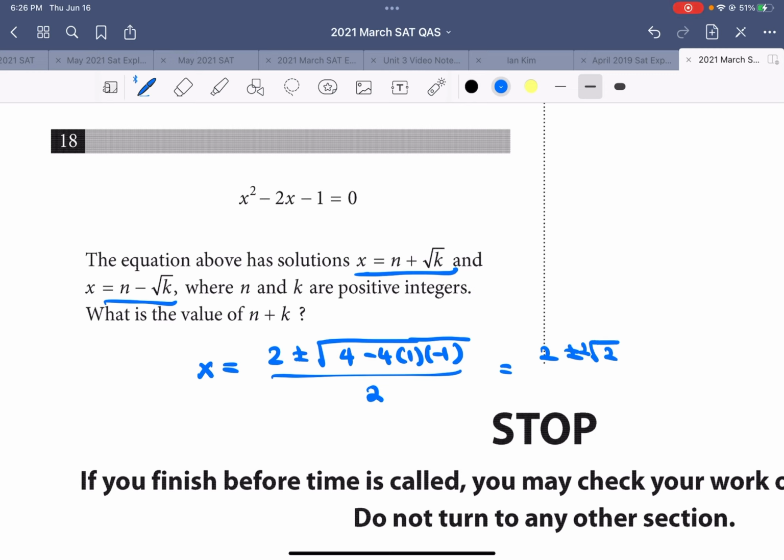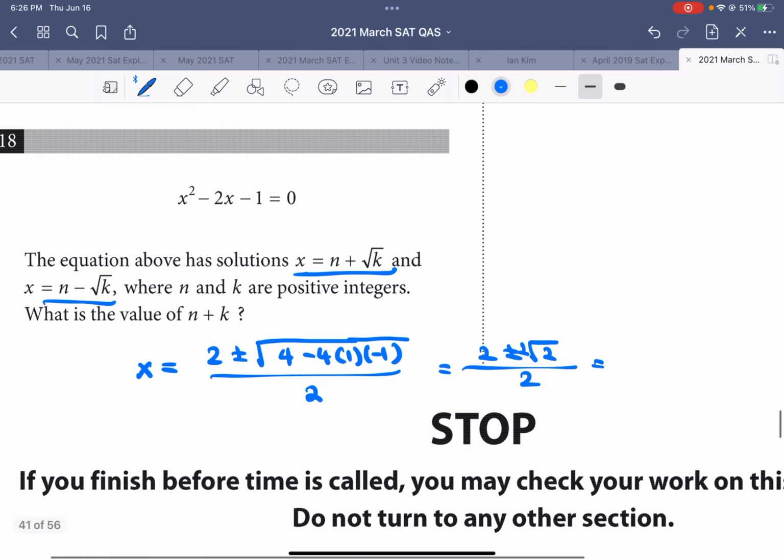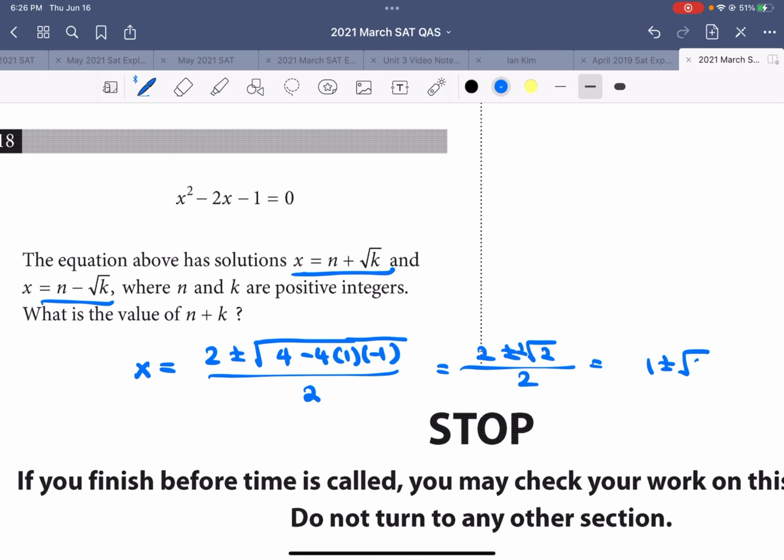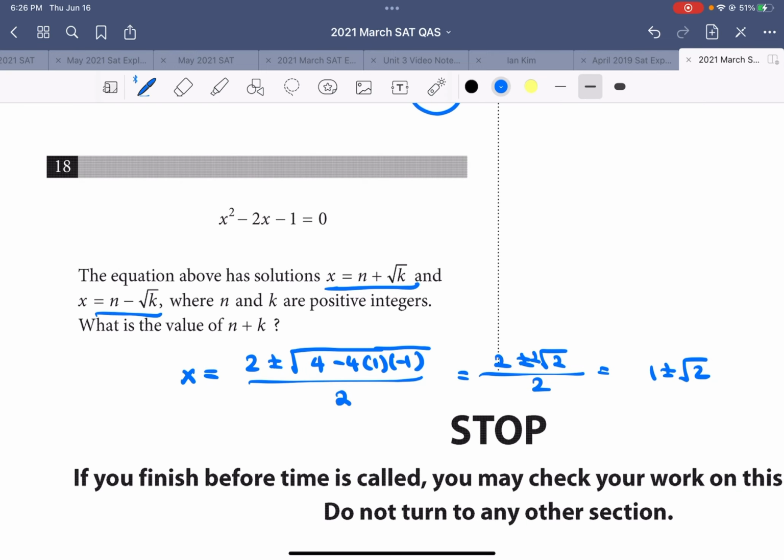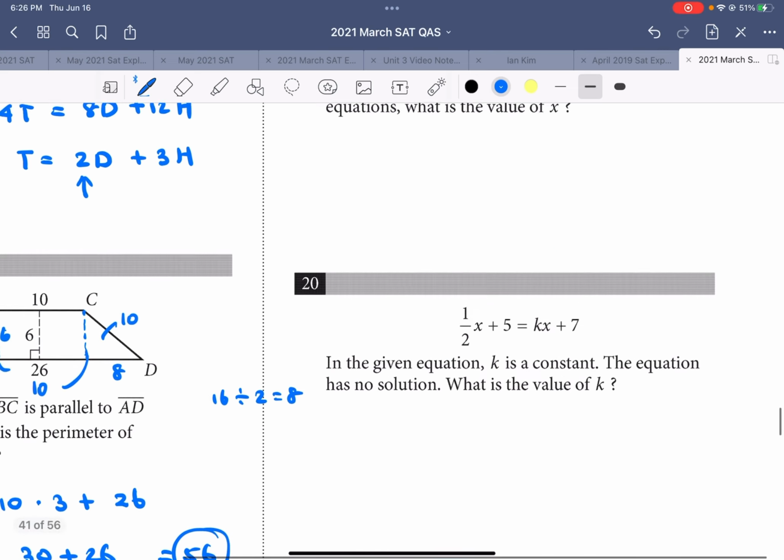So 2 root 2 over 2. When you reduce by 2, 1 plus or minus root 2. Then when you compare with this, n should be 1, k should be 2. So when you add up, 3 will be your final answer. 1 plus 2 is 3. So use the quadratic formula, and then find out what n and k stand for.